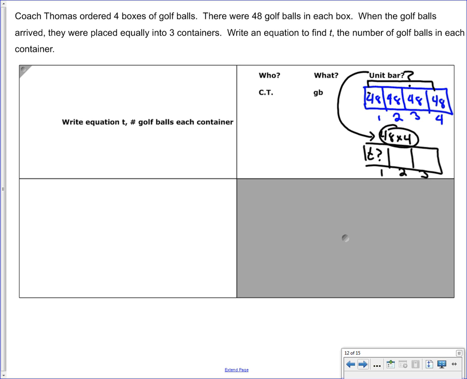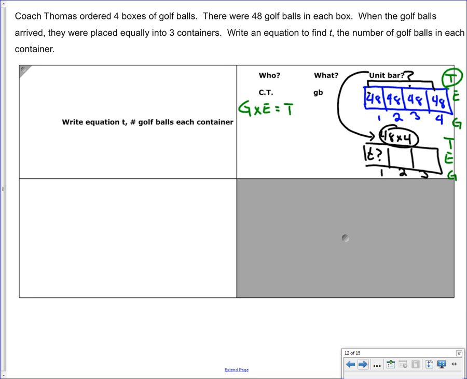So just so that I'm thorough, let me go ahead and write this out for you. In the first part, we know our groups, we know our each, we're looking for our total. Remember that groups times each equals total. And then down here at the bottom, we don't know necessarily the exact value of our total, but we still know what our total is.